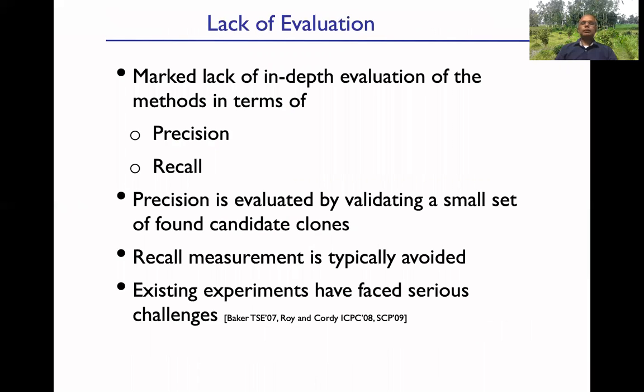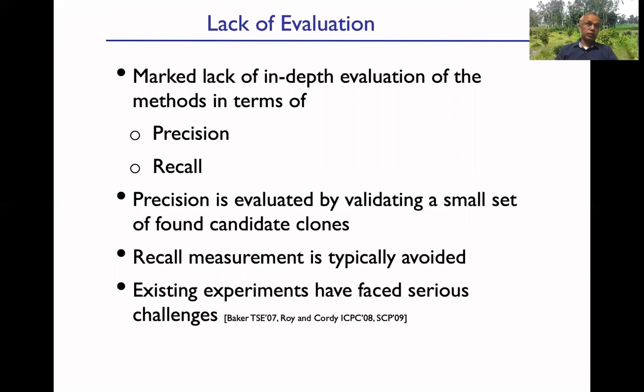Of course, we have a lot of clone detection tools, and we do not know which tool is good and which tool is bad. That's why we also have to evaluate the performance of the tools. Because clone detection is mostly an IR-based domain, we have to measure tools in terms of precision and recall, right?